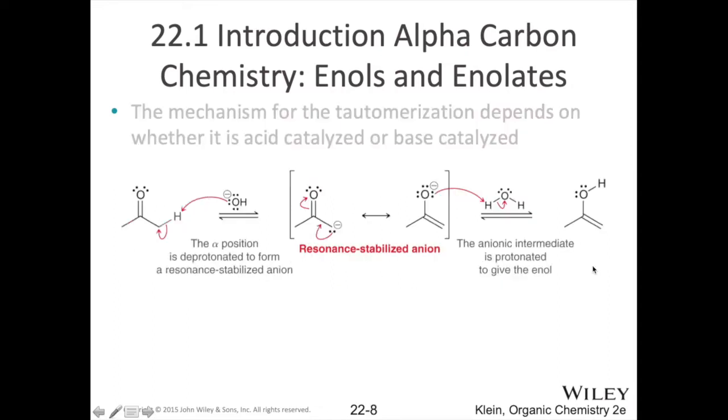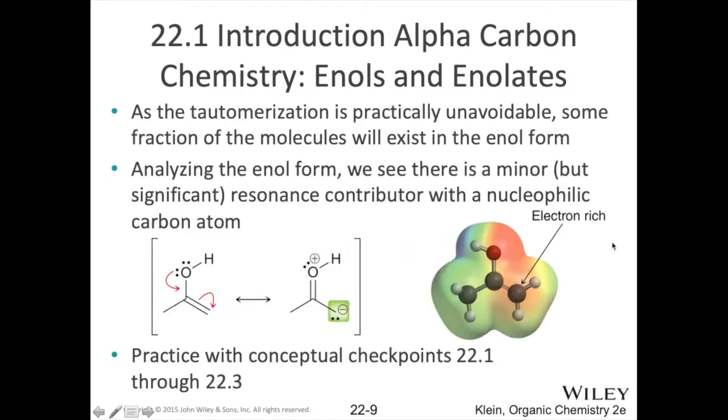In the case of base catalysis, the deprotonation occurs first. Our base plucks off that alpha proton, and now you've got a carbanion, which again is resonance stabilized. We can have those electrons swing up to the oxygen, and then that can get protonated to again give us the alcohol of our enol. All right, so tautomerization is something that happens.